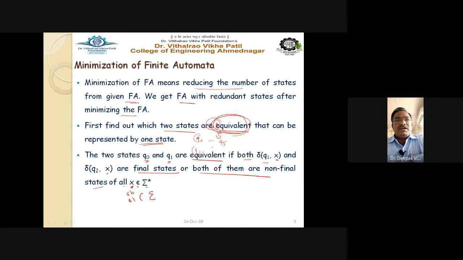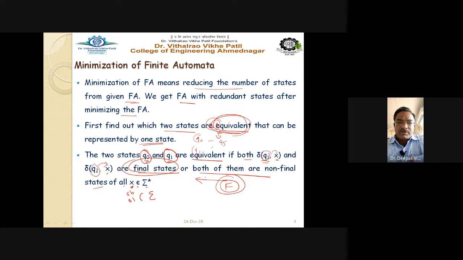So we can say these are equivalent states when the transition on Q1 on input X and the transition on Q2 on input X lead to a final state. In minimizing an automata, we have to start in the reverse direction. We first find out which is the final state, and start minimizing the automata in a reverse way.